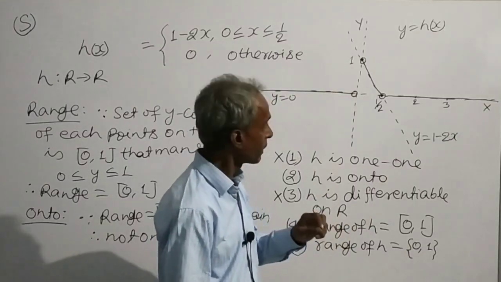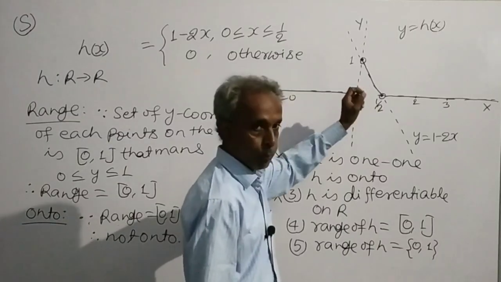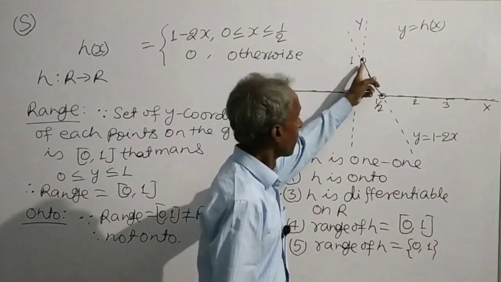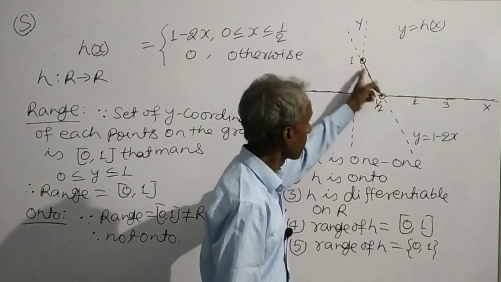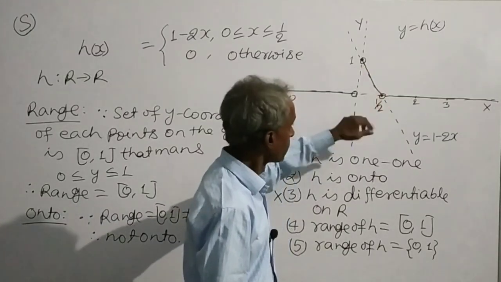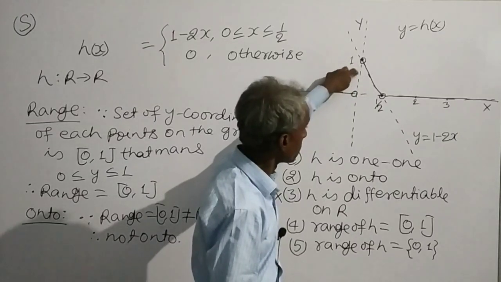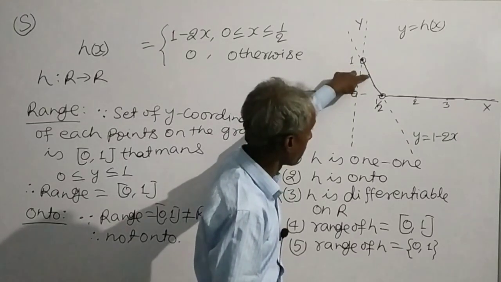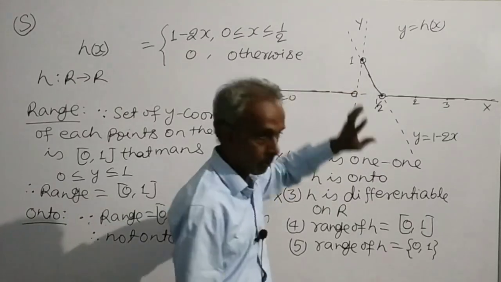And the y coordinate of points lying on this part of the graph changes from 0 to 1. Y coordinate this number, y coordinate this number, y coordinate this number.